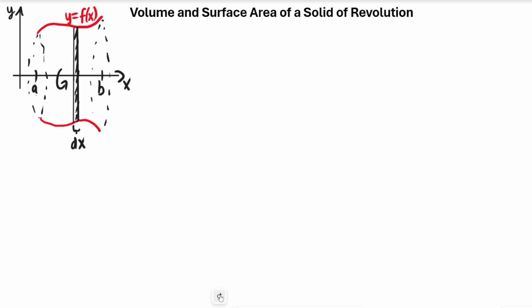So this is the height of the cylinder, and the radius of this disk, which we slice out, is f of x. Okay, the next is we compute the volume of the total shape, and it can be computed as a summation, so the integral of these infinitesimal volumes of these cylinders. So infinitesimal volumes summed up.